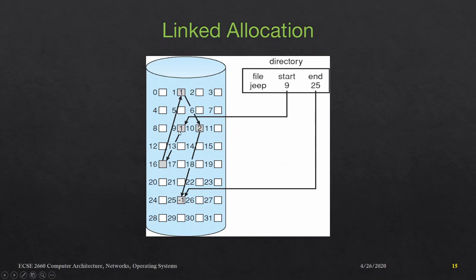So we can go for the doubly linked approach that we used for the UNIX file system inode, in which we had single pointers, doubly linked pointers, and triple linked pointers. So we could use that approach to overcome that problem. But in this case, all we need is the start and end block number, and everything else is linked.